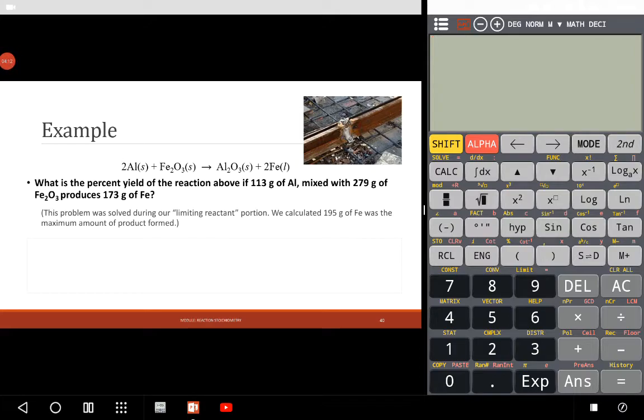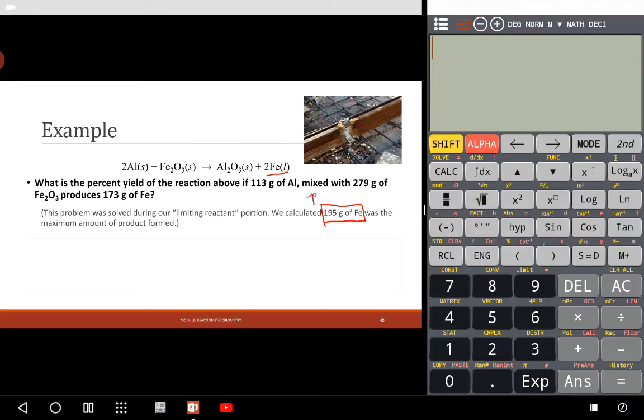All right, here's an example of how to calculate the percent yield. In an earlier video on limiting reactants, we talked about the thermite reaction, which produces liquid iron. And so we calculated from that limiting reactant that we could make 195 grams of iron.